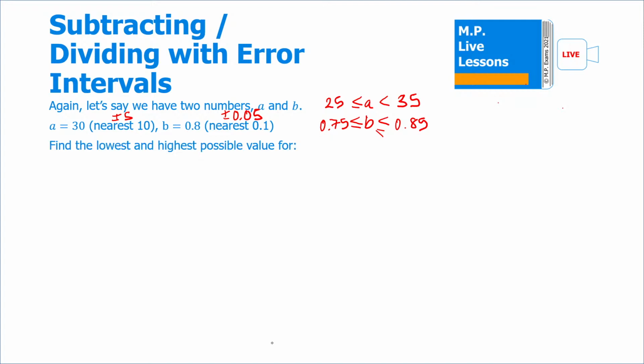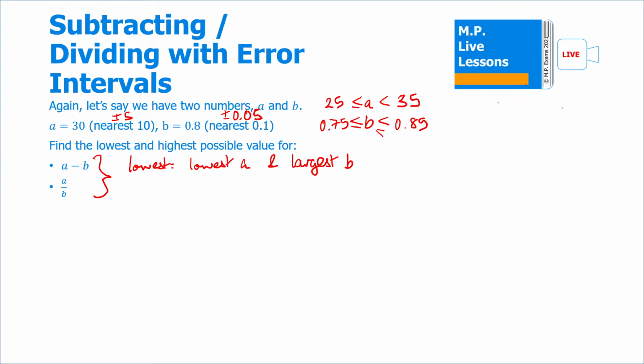Now, to find the lowest and highest possible value for A take B, or A divided by B, it's similar again, but different compared to adding and multiplying. So to find the lowest this time, you'll start off with the lowest possible value for A, and then you take away the largest possible value for B. So for example, when you're dividing, since you're dividing by a larger number, it will make the value much smaller.